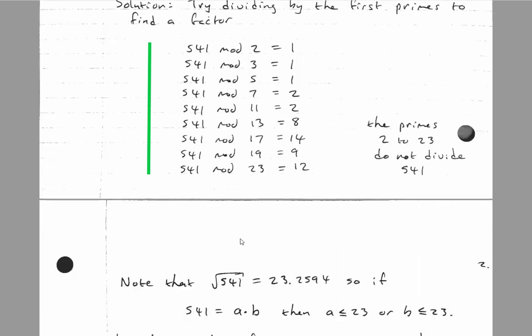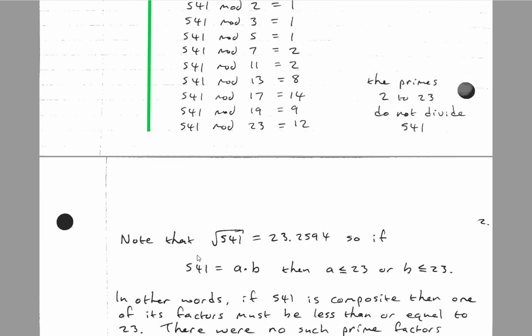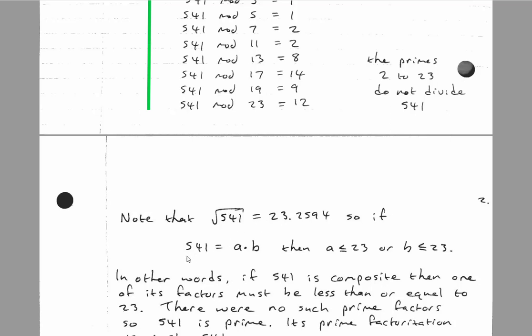The good news is no. So the square root of 541 is 23 point something. So that's telling us, yeah, if 541 is a product of two numbers, then these two numbers can't both be bigger than 23. At least one of them would have to be 23 or less.